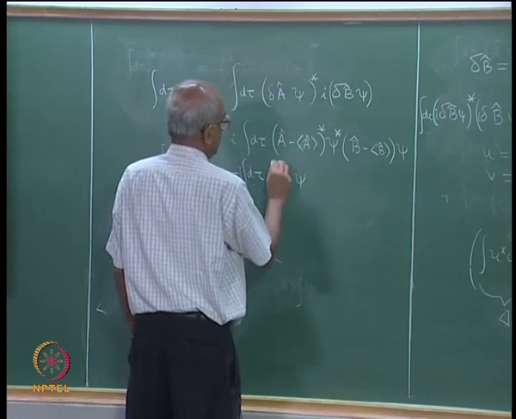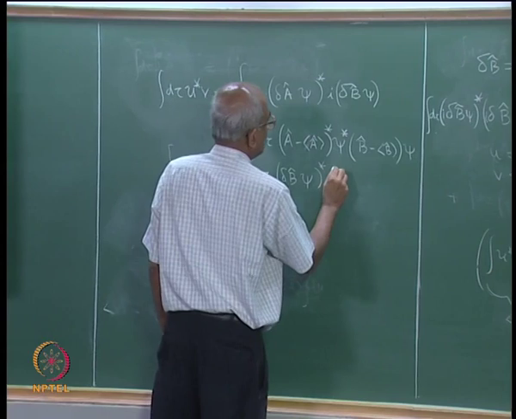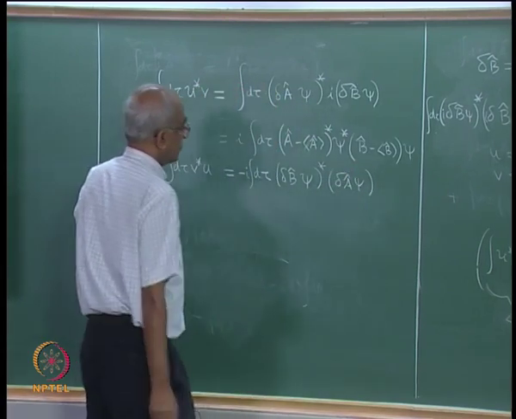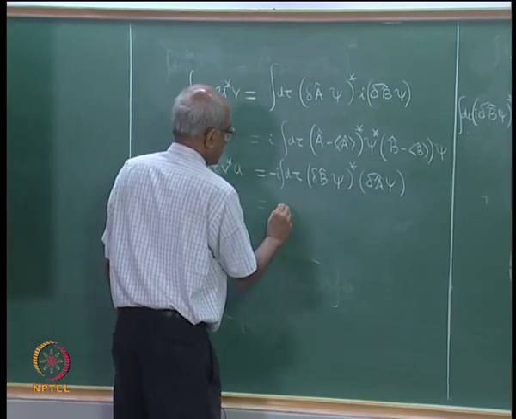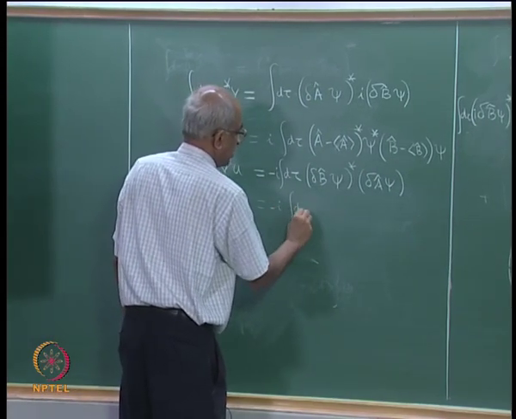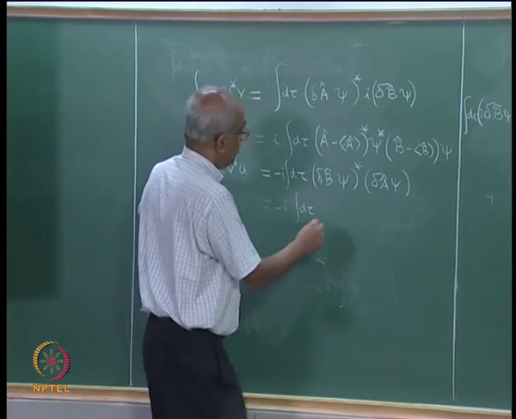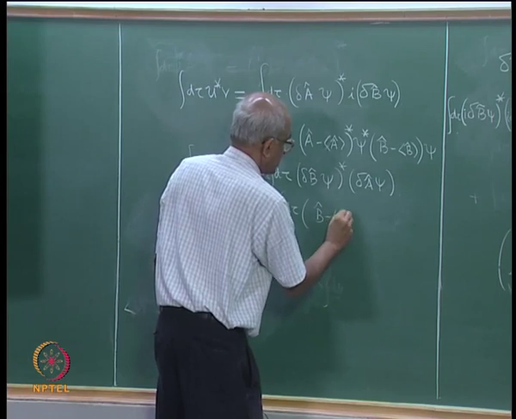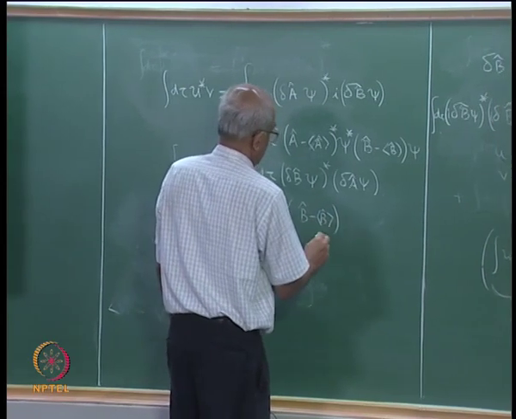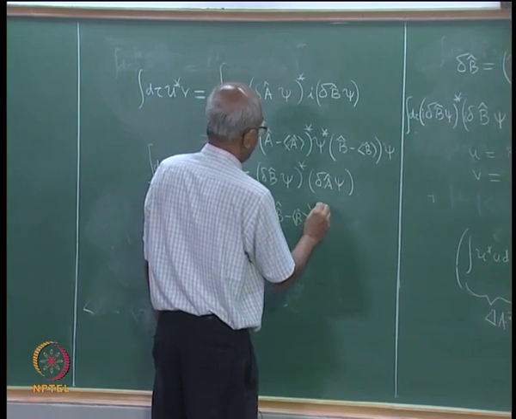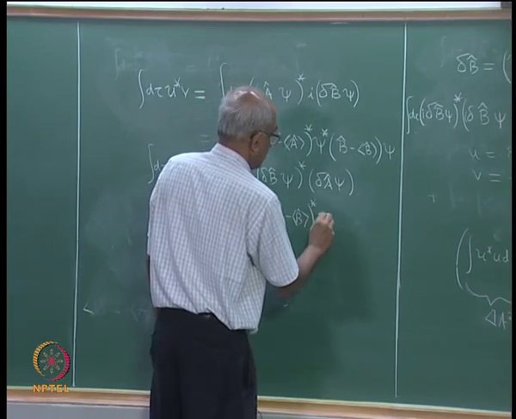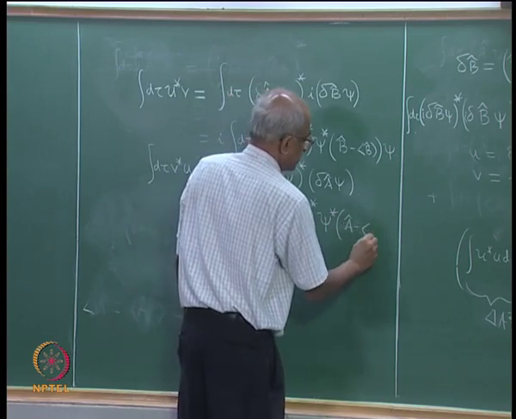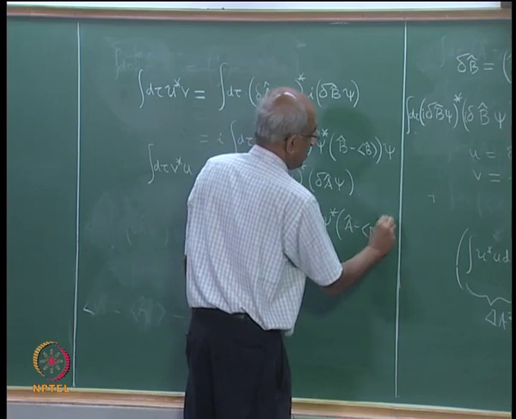Psi. Then you have to take the star, then you have to have delta A operating upon psi, which actually will be equal to minus i integral d2, b minus b expectation value, you have to take the star of the whole thing, psi star, a minus expectation value of a psi.